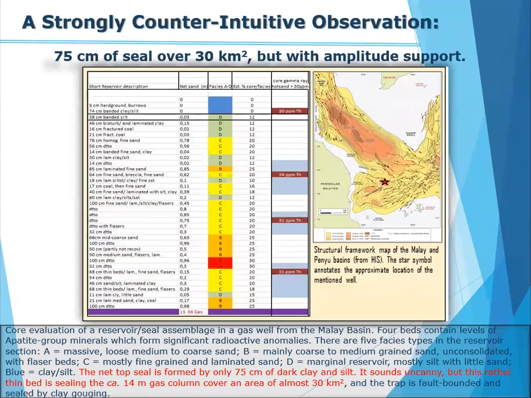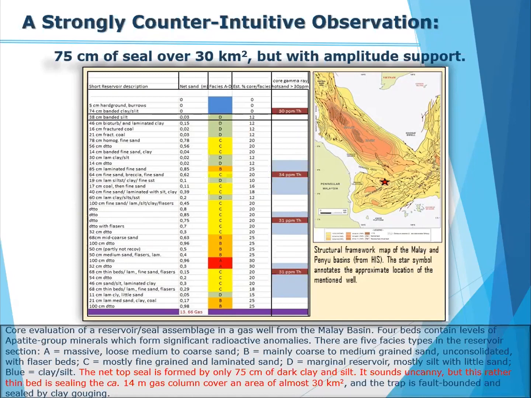It's this yellow color here, which has fantastic reservoir properties, in the order of 1 Darcy, not millidarcy, 1 Darcy. The porosity goes up to 25 percent and more. So it's a fantastic reservoir, very unconsolidated coarse sandstone.